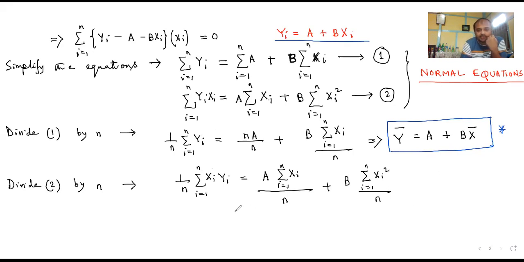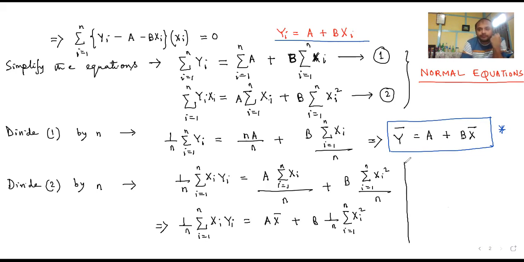Now we can rewrite this equation in the following manner: 1 by n summation i goes from 1 to n xi yi is equal to a x bar plus b 1 by n summation xi square, i goes from 1 to n.